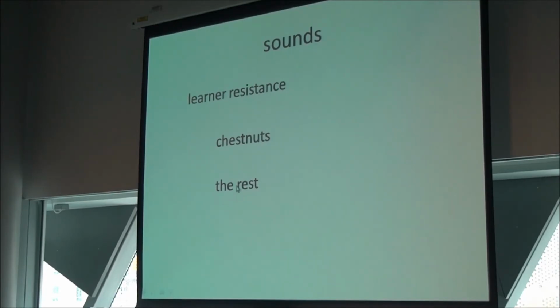The rest is what they really can do. Clearly, most students can pronounce most of the vowels and diphthongs and phonemes and consonants of a language reasonably well. I'd hazard a guess, 50%, 60%, they're not much trouble. There are the chestnuts we referred to at the start, but then there are others.